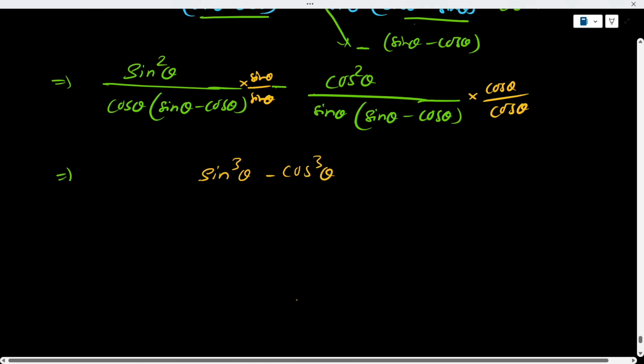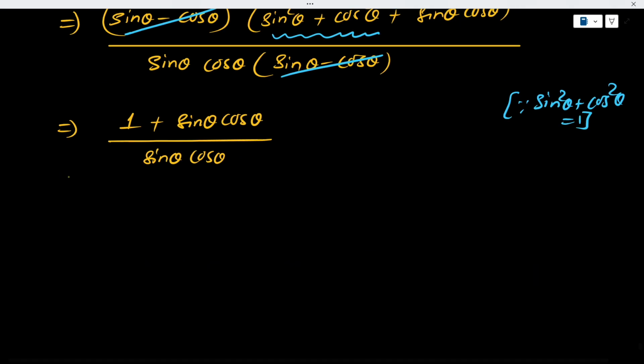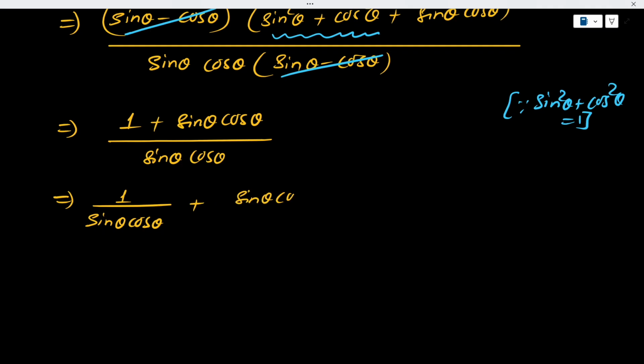So there's no denominator. Here also, I can separate the denominator: sine theta cos theta plus, because you can see the same terms in numerator and denominator in the second term, right? So now this gets cancelled to 1, and here 1 by sine theta will be cosec theta, 1 by cos theta will be sec theta.